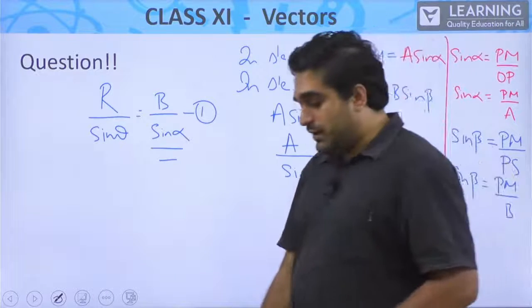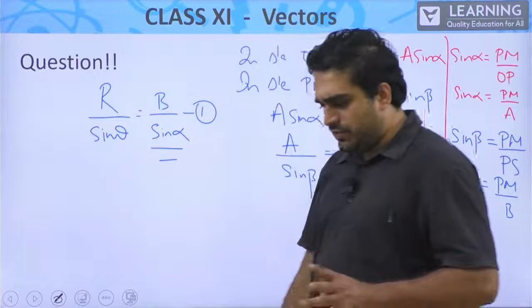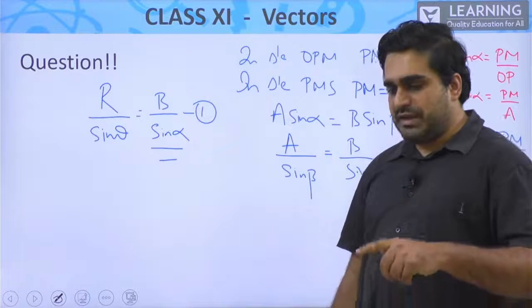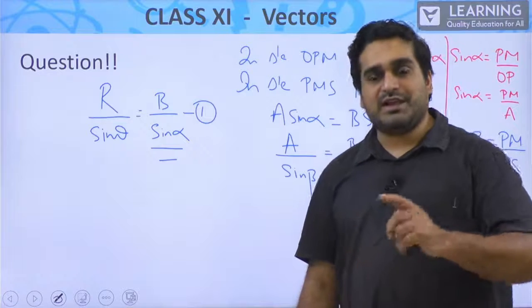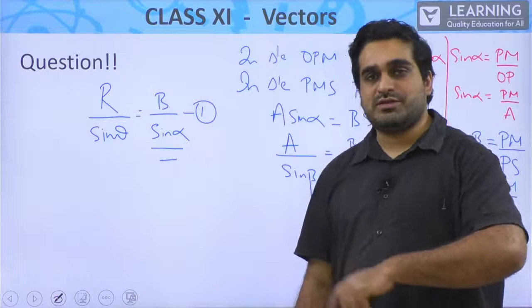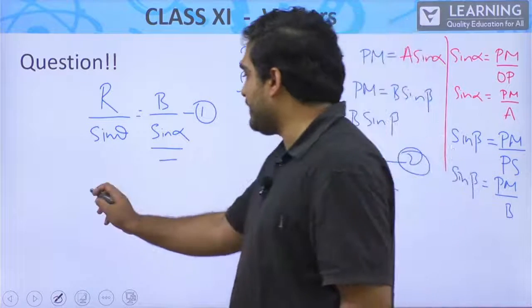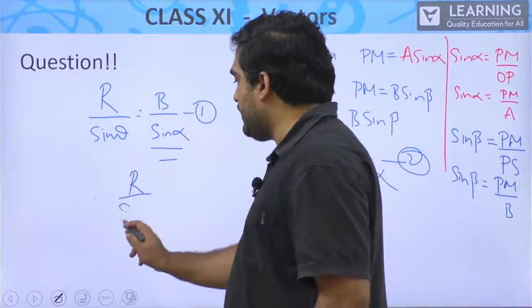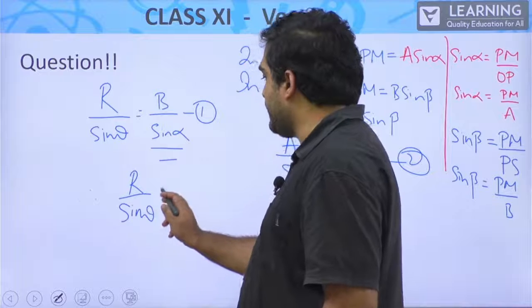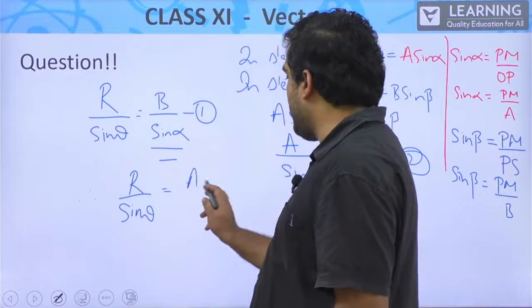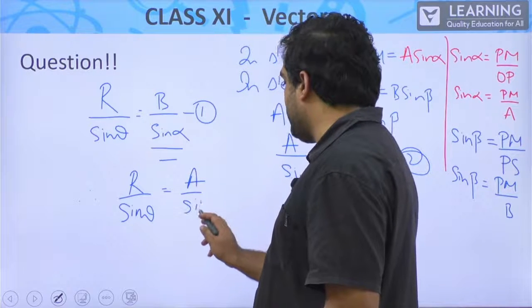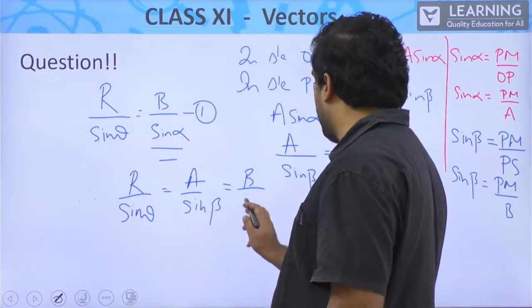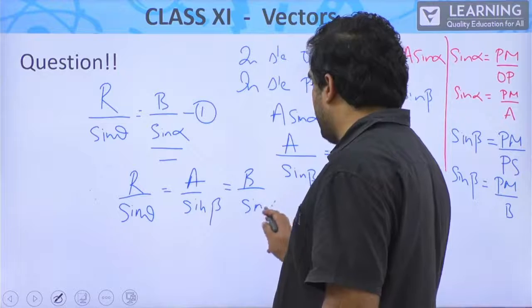So by transitive property, one of the properties in mathematics, if A is equal to B and B is equal to C, then A is equal to C. Therefore, you have R by sine theta equals A by sine beta equals B by sine alpha.